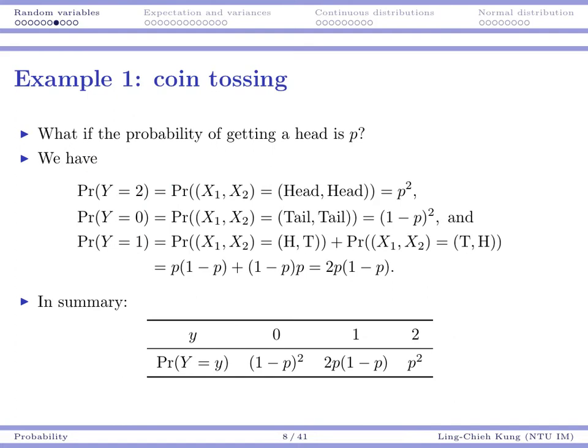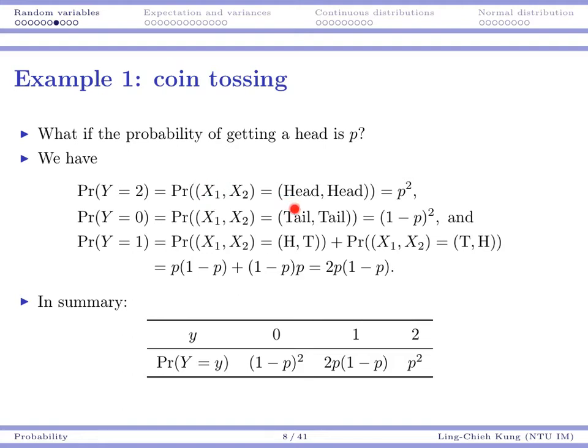Suppose that today the coin is not fair, so the probability of getting a head is p, which is some number between 0 and 1, but not necessarily 1/2. In that case, how may we describe the random variable y's distribution? Again, we need to decide the three probabilities. For 2, I know it requires me to have two heads.